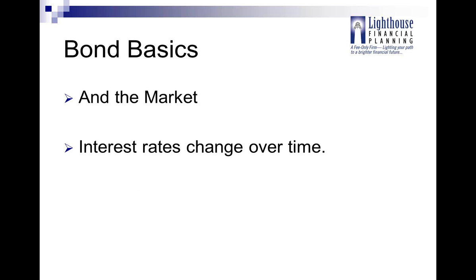Oh, and then there's the market. And interest rates do change over time, don't they? So when we think about issuing the bond, we want to think about how sound is the borrower, how secure, how creditworthy are they. The better the credit, the lower the rate.